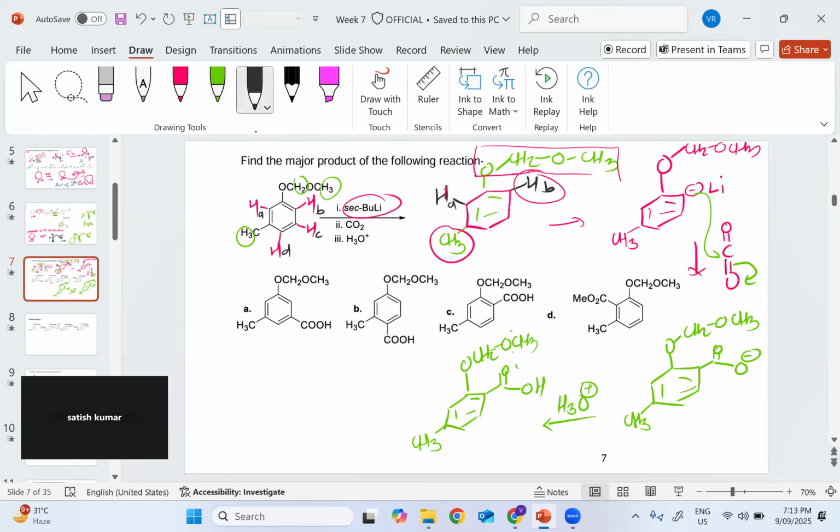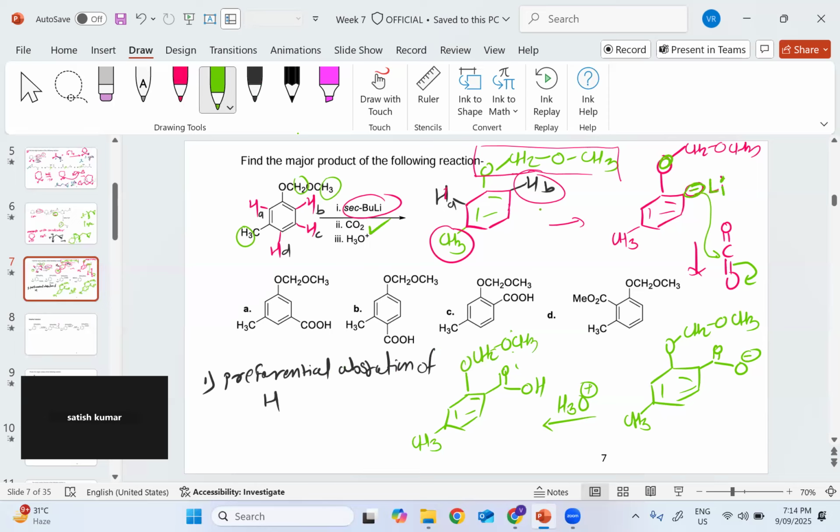So here, what happens? The first one is the preferential abstraction of the proton. We have distinguished that there are four hydrogens. So why is this HB preferentially abstracted in this reaction condition? Once this nucleophile is formed with the butyl lithium, the oxygen at the ortho position stabilizes this negatively charged lithiated complex, which further attacks the carbonyl center of this electrophile.